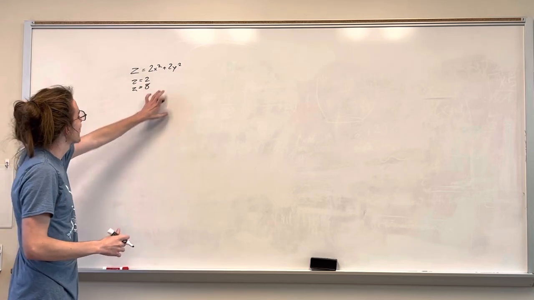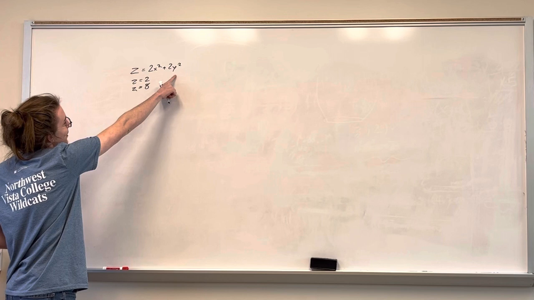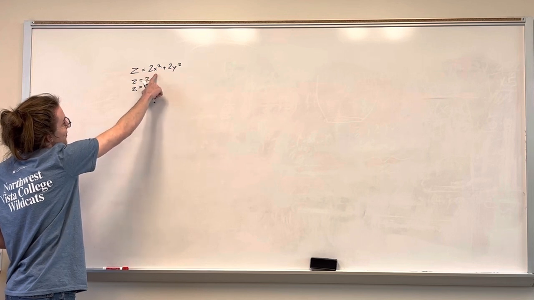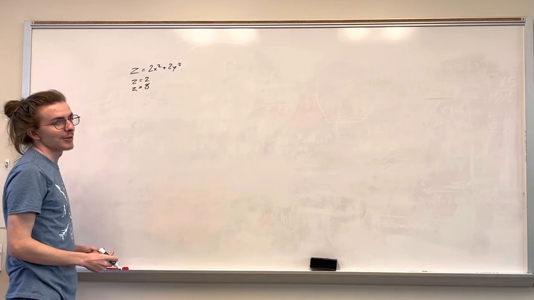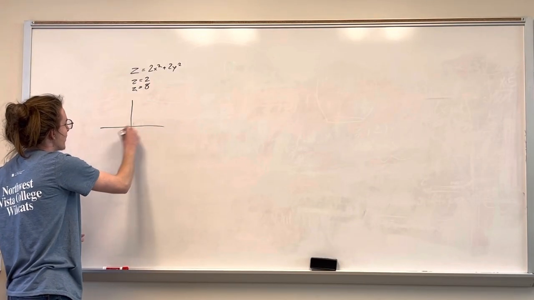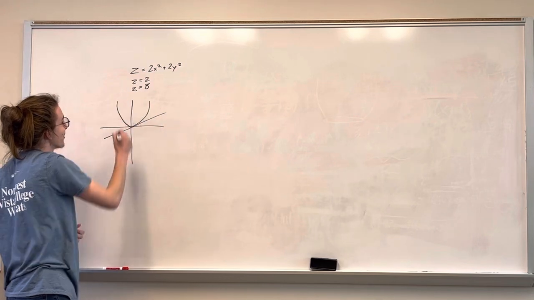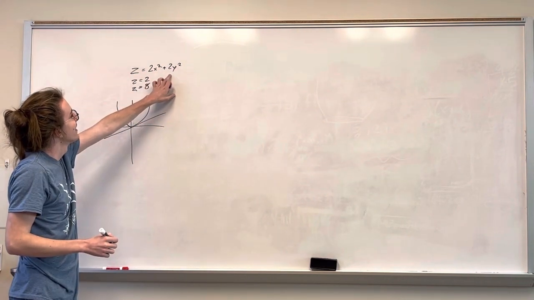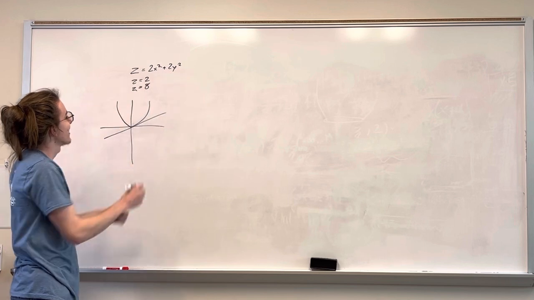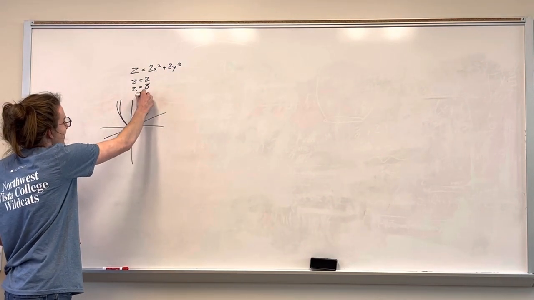Now, what does this shape look like if we set y equals 0? It would be a parabola, and then if x is 0, that's another parabola in the y direction.